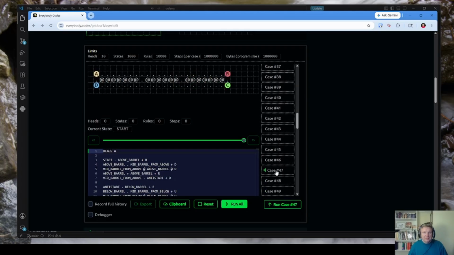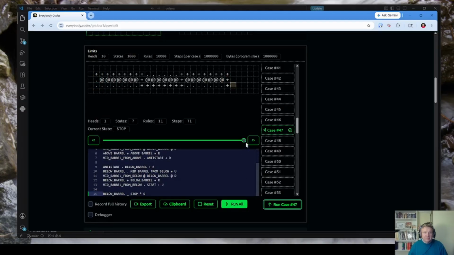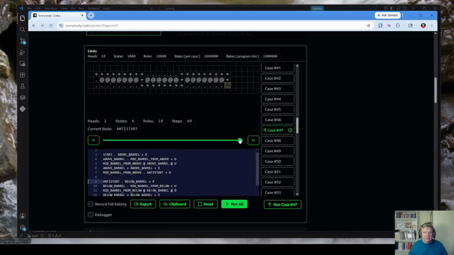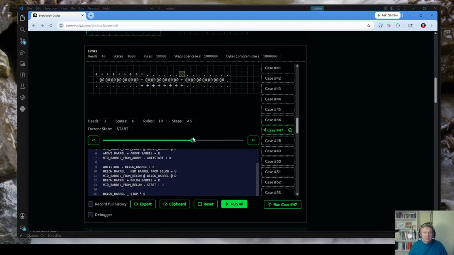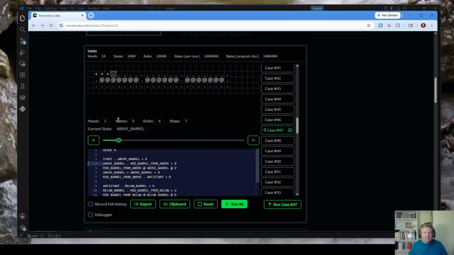Let's say that case, run case 47. So yeah, I basically had a bunch of states dealing with being above the barrels and a bunch of states dealing with being below the barrels. The above-the-barrels states had one at the very start of a group, which is also my start state.